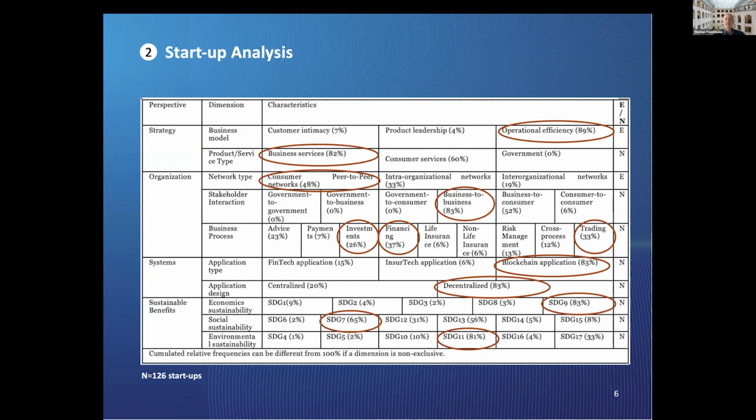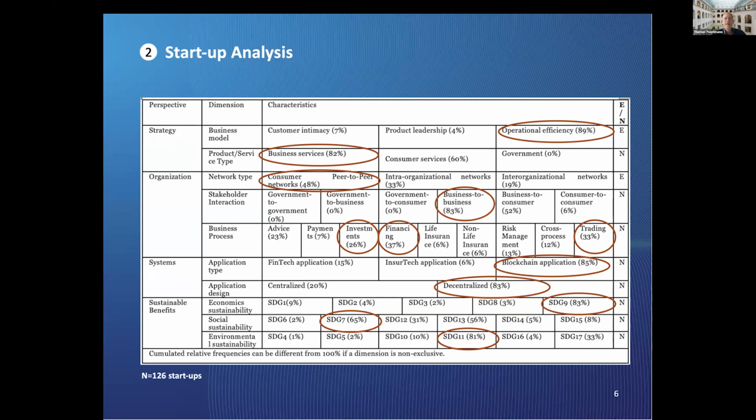So we used this then in a second step to analyze the startup sector. So we applied this model for the 126 startups and clustered them according to that structure, aligning it to the four perspectives and to all the dimensions and all the characteristics.